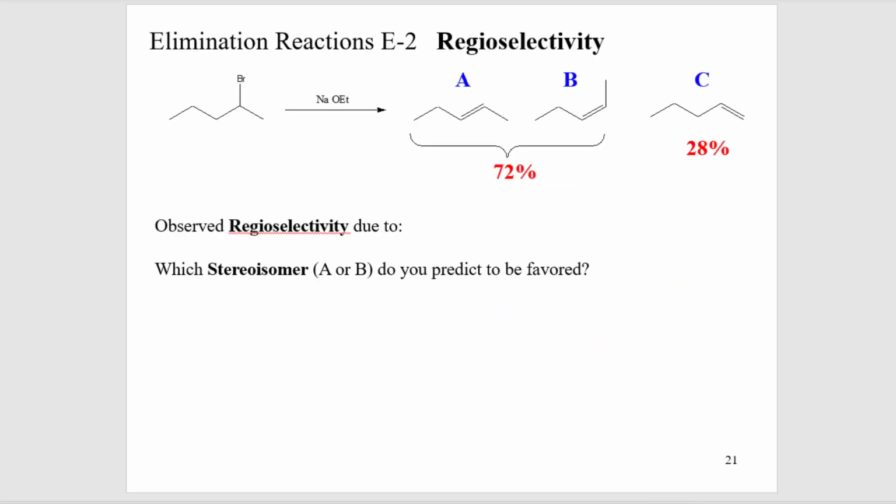Okay, let's get back to regioselectivity and stereoselectivity. We're actually faced with a similar dilemma as we were in E1. If I have this bromine as shown, I have the potential, because of its position, to deprotonate at either of the carbons, left or right of it.